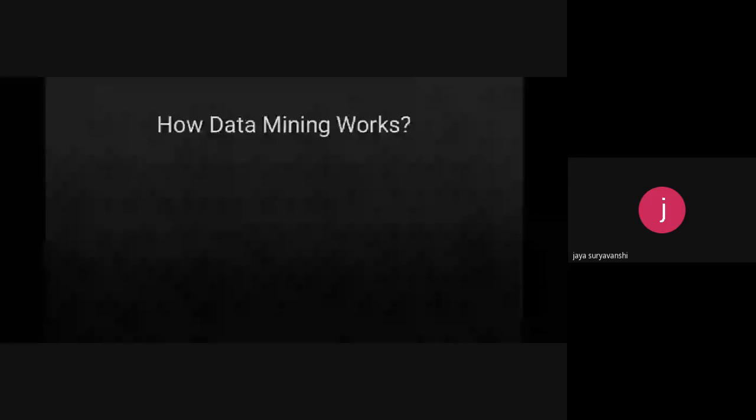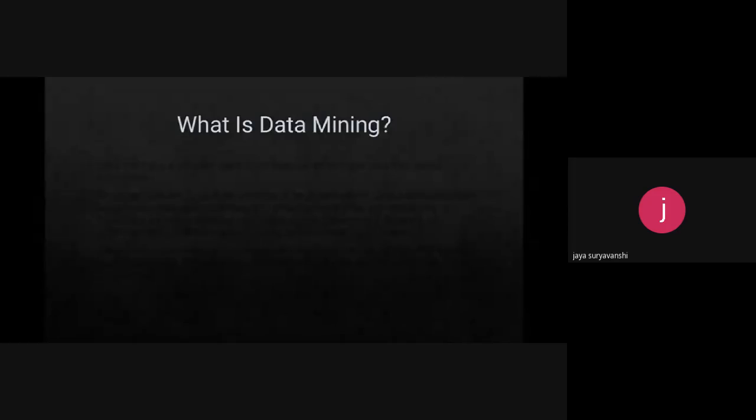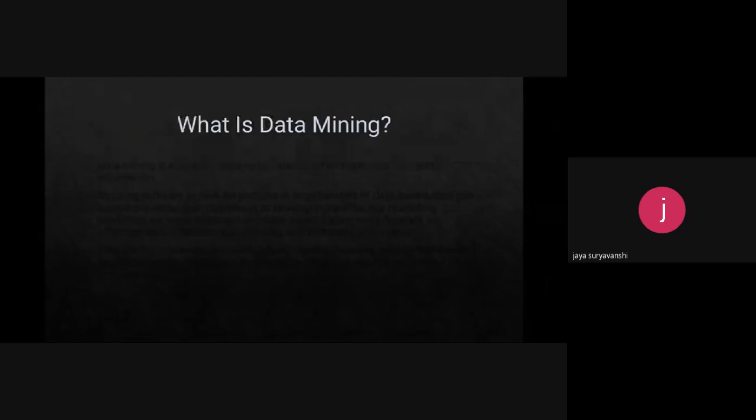I would like to give an example of data mining. Like if you are going on a browser and you are searching for a mobile phone, the searching of your content is stored somewhere in the backend.